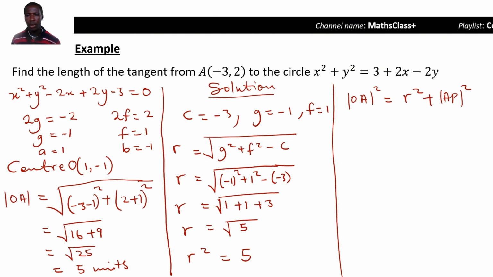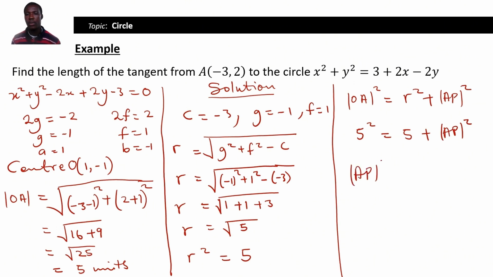Our OA is 5 units, so 5 squared. Then our r squared is 5 plus AP squared. And so our AP squared here will be equal to 25 minus 5.